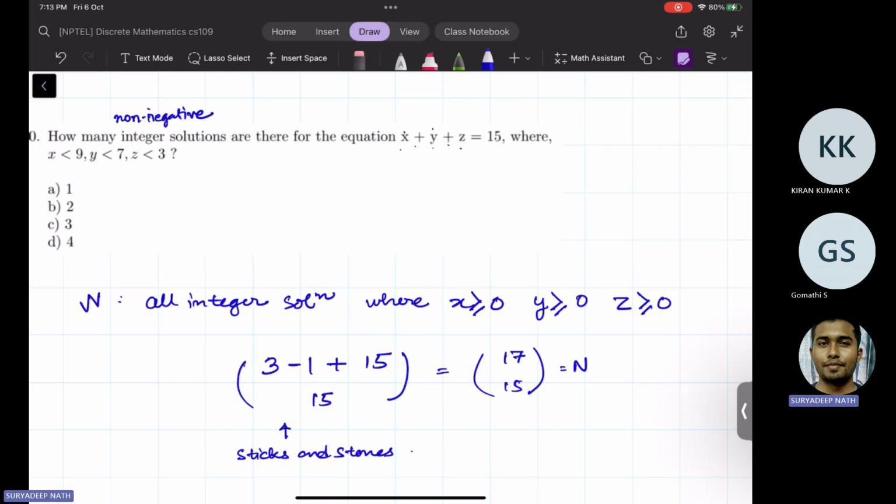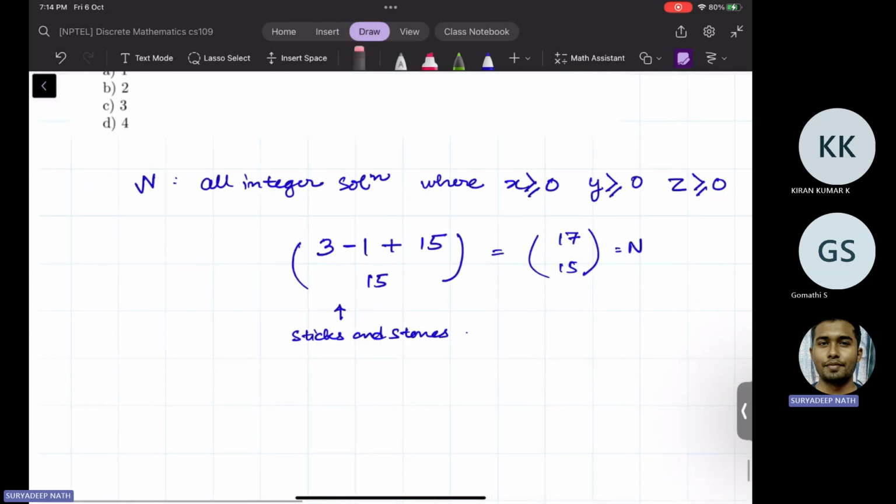If there are n integers, we have n minus 1 plus signs. So the total slots are 15 plus 2, that is 17, and we'll have to pick two of these. How we place these 15 stones in these 17 slots will give us all possible solutions for x, y, and z greater than or equal to 0.